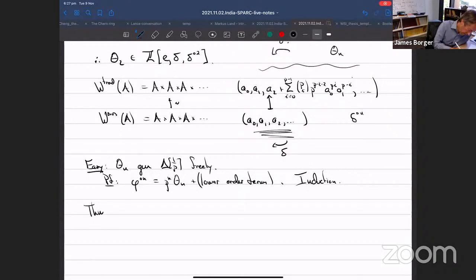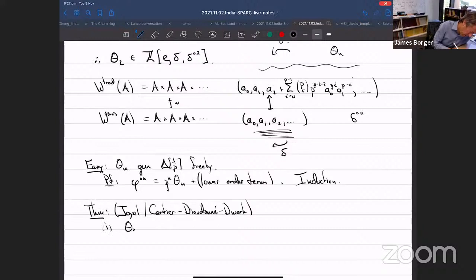What requires an argument, and this is the first time we've required this kind of non-formal argument, is this. In this discussion there's a lot of brain-bending category theory, but at the end it's all formal. But here, this is a real argument using congruences.